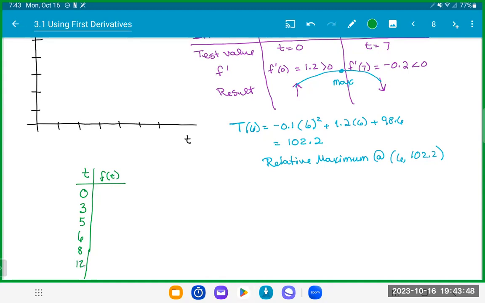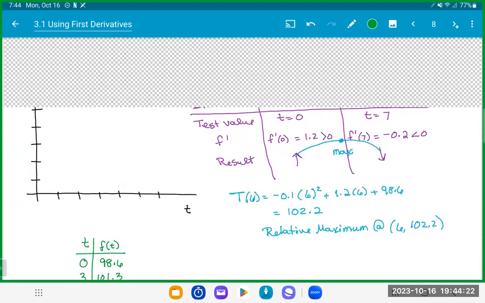So when I plug 0 into my original, I get 98.6 degrees. Plugging in 3, I get 101.3. 5 gives me 102.1. 6, we already know is 102.2. We got that from evaluating at our critical value. 8 is 101.8, and 12, we're back down to 98.6.